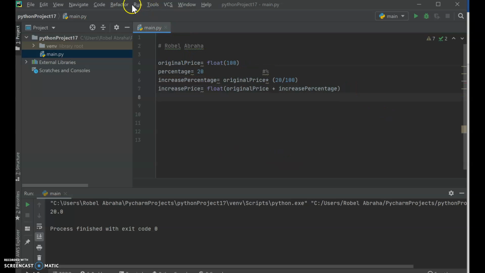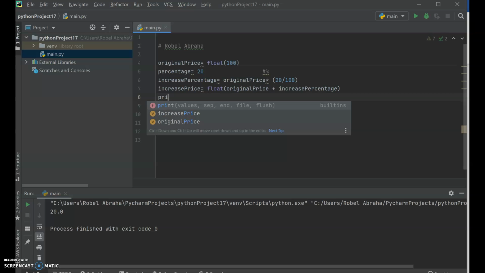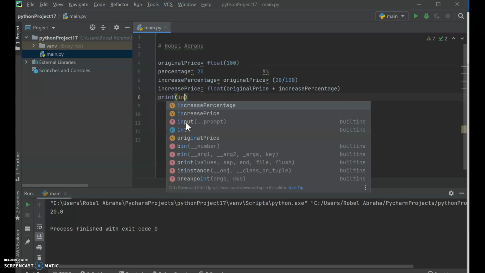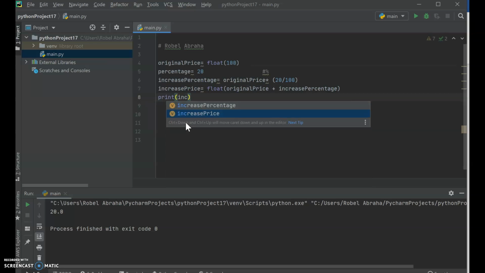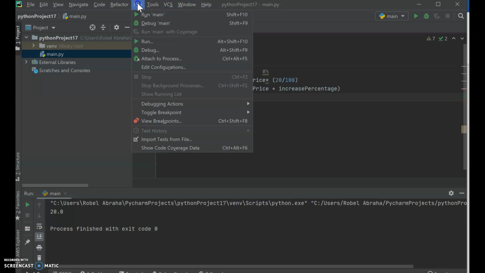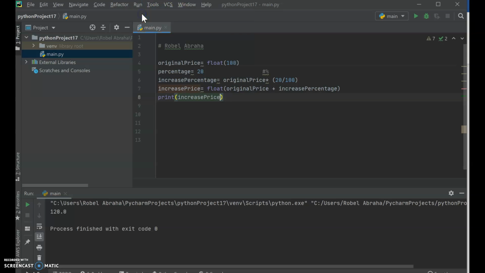So let's run our program. First you have to write the output, print increase price. It is $120.